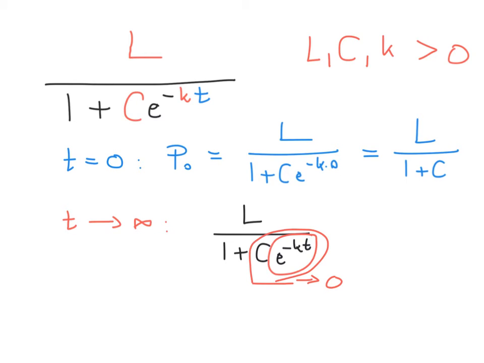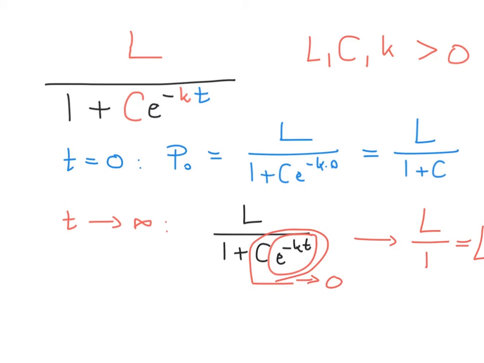So the one thing that we're left with is L over 1, which is just L. Now you can imagine why the letter L is chosen here: it gives you the limit of the growth process, how far it can reach, and it will get closer and closer to L as t gets larger and larger.